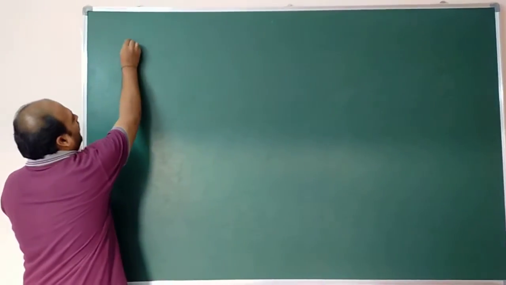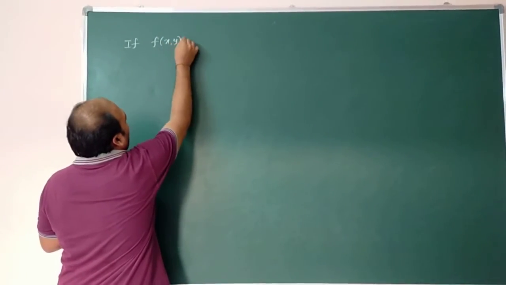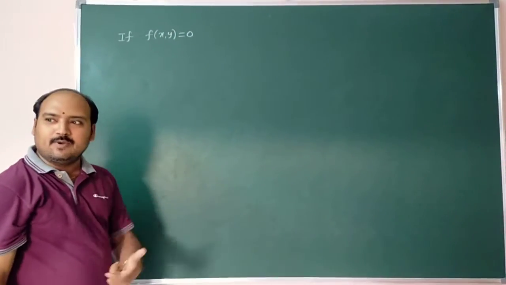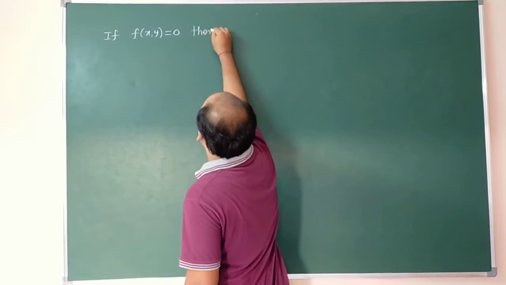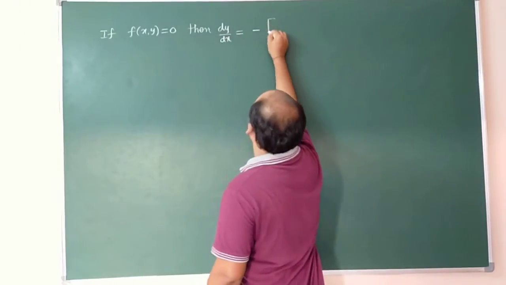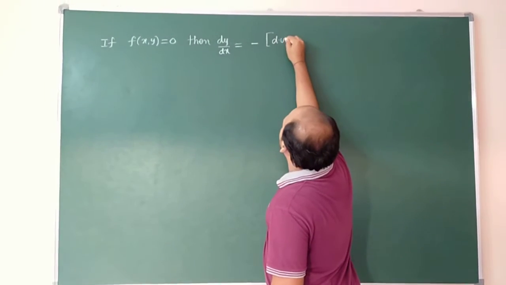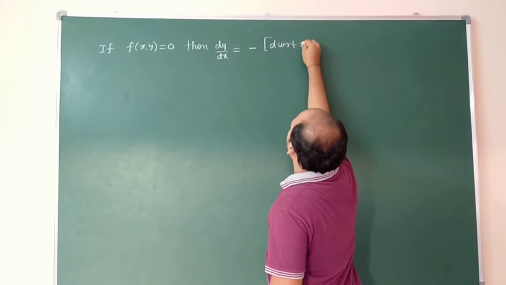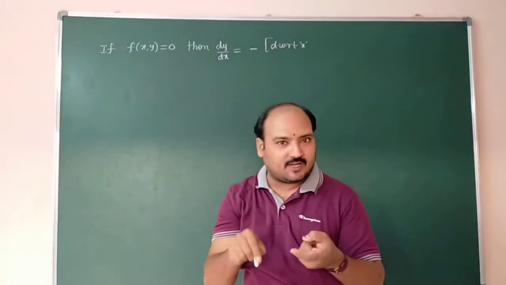See that if f(x, y) = 0, that means it is an implicit function, then dy/dx equals minus, keep bracket, differentiation with respect to x. In an implicit function, both x and y terms should be there.